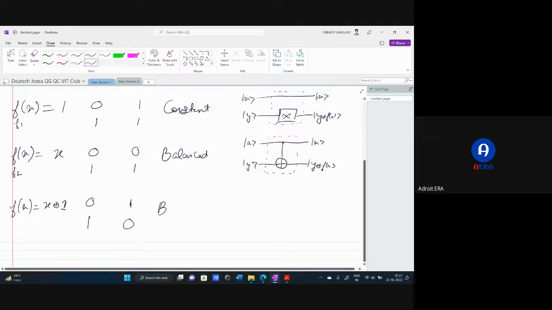And this is also balanced, which we have seen before. And this is also very simple. We have the CNOT gate, and we also apply a Pauli X gate as well. And the rest of the notations remain the same.